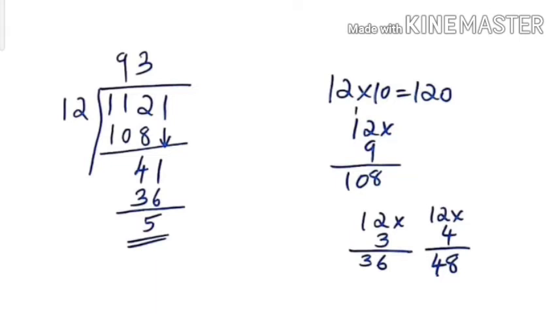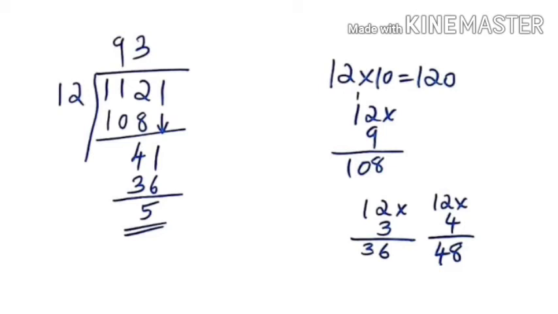So we already know that 12 into 10 is 120. When we are multiplying any number with a 10, just add a 0. That is, 12 into 10 is 120. So 120 is greater than 112. So check for the other by reducing one number.